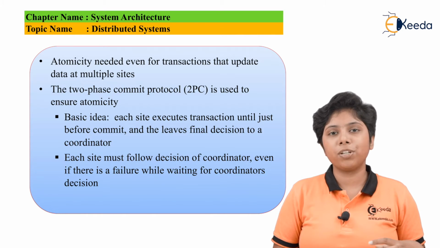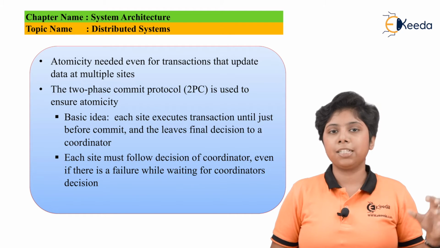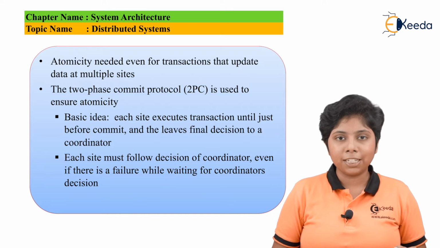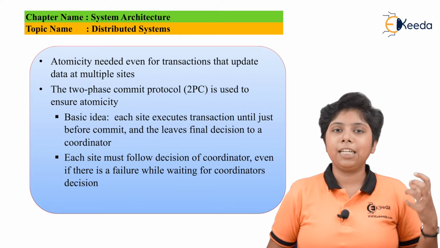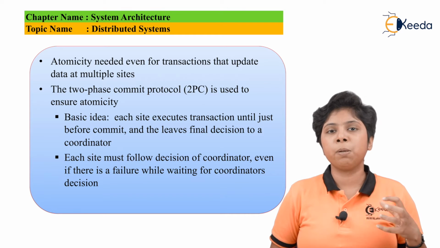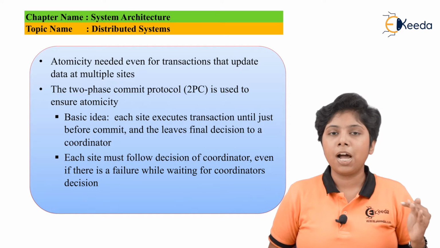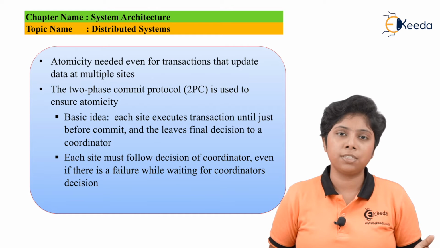So what are these two-phase commit protocol rules? If there is a global transaction in a distributed system, it must follow these rules. The first is that even if a local transaction is part of it, it cannot commit itself until the transaction has been completed on the other side.